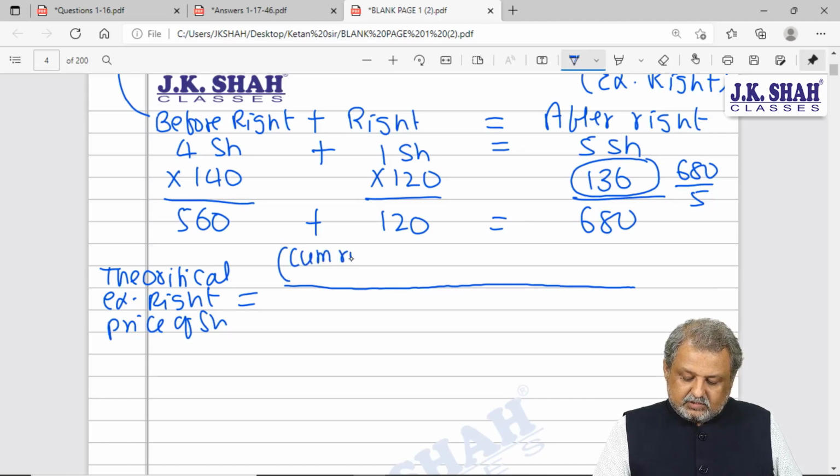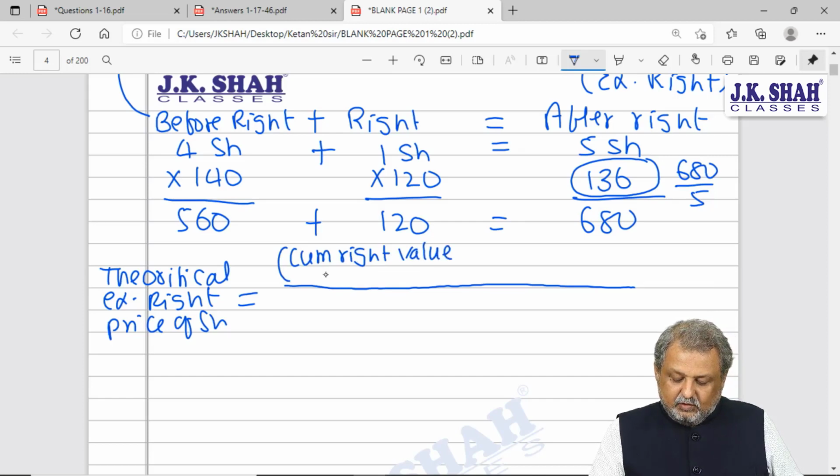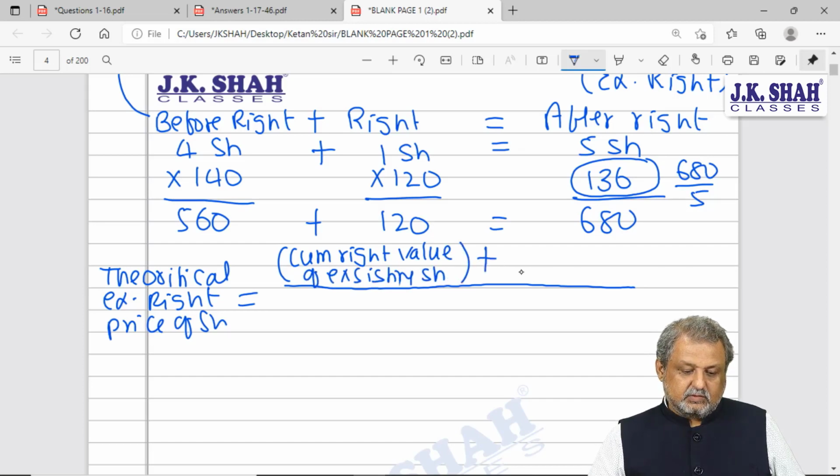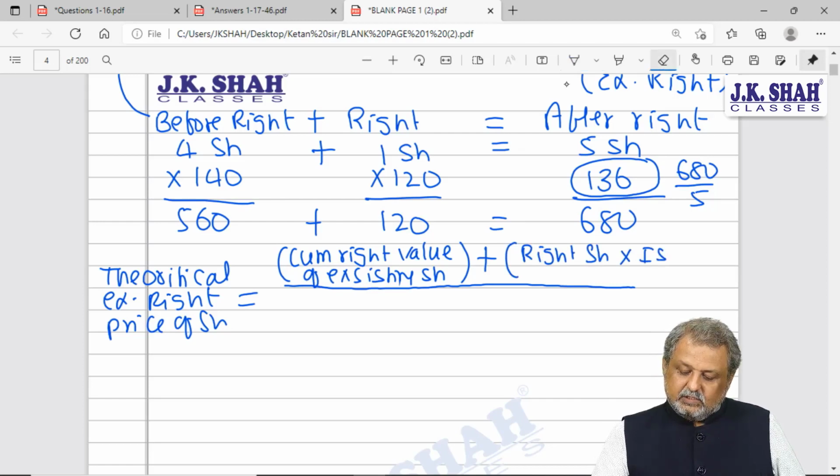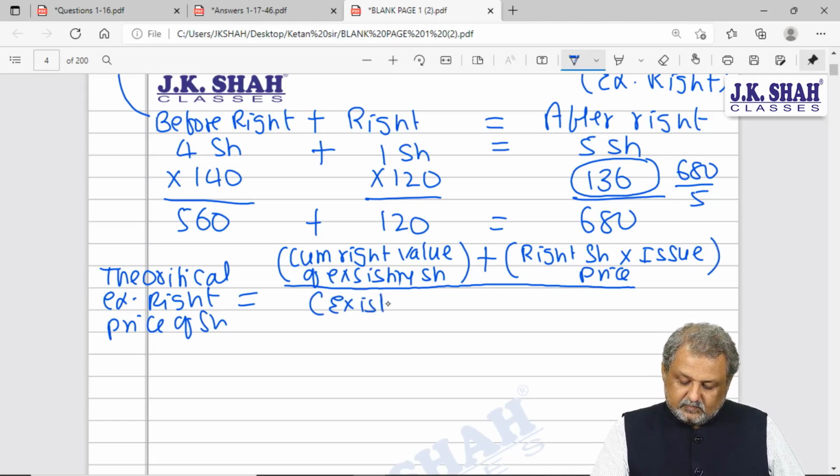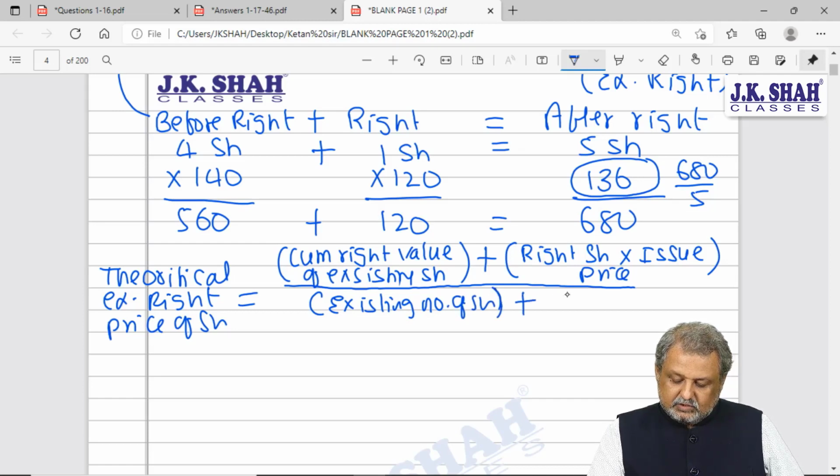Come right value of share, value of existing share, plus right shares into issue price, divided by existing number of shares plus number of right shares.